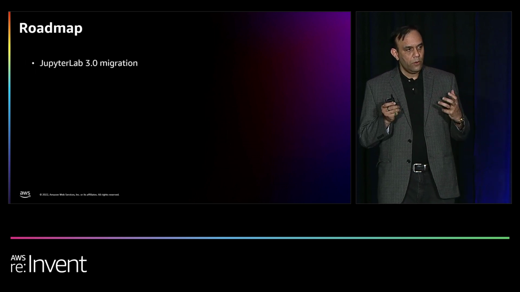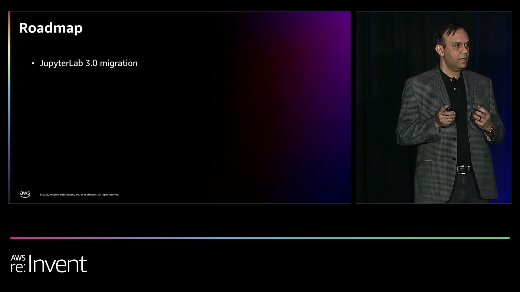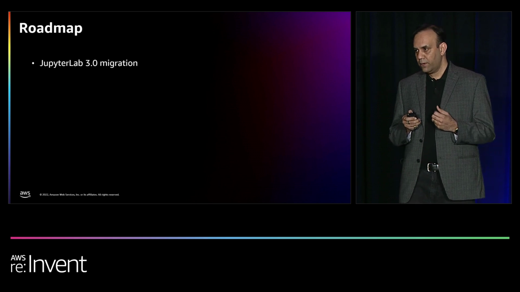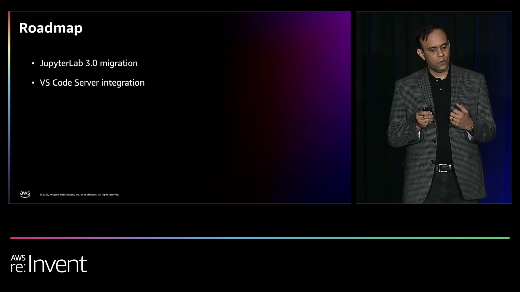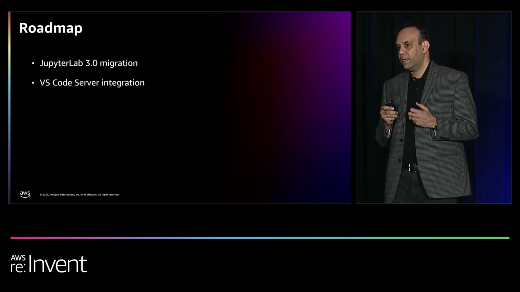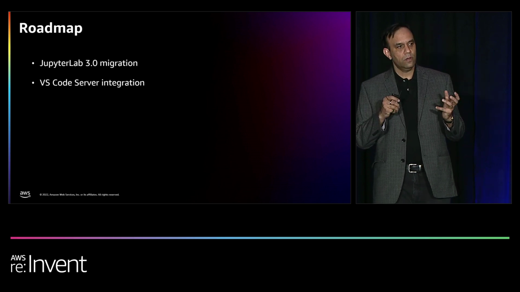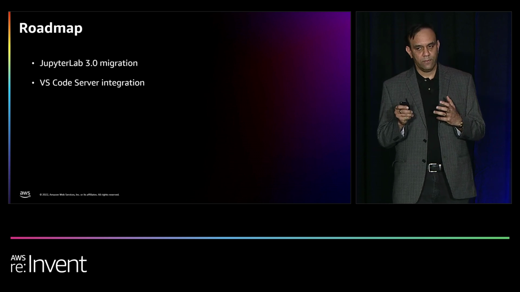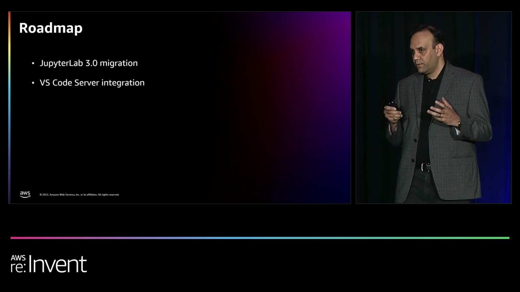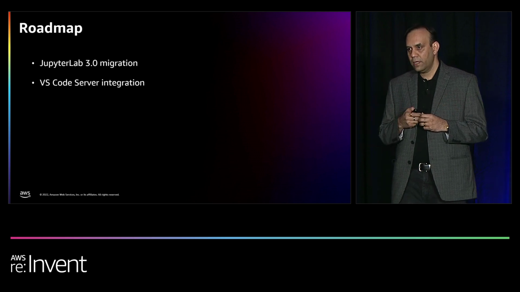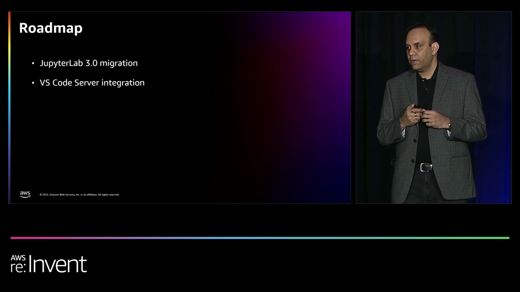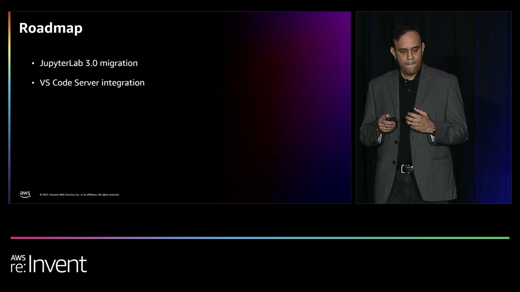So we want to enable JupyterLab 3. So that's the upgrade that we are planning to do. We also have a VS Code server integration plan because on the homegrown EC2-based notebook service, we have VS Code server being used by the data scientists to do local training on the EC2 instance. So that's something we are working with the AWS team to enable.